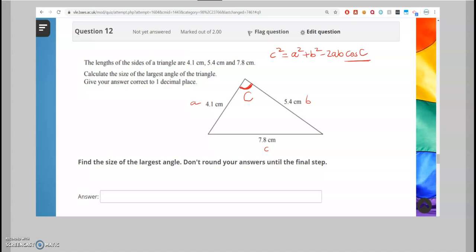So now I can say that c squared, which is 7.8 squared, is equal to a squared, so 4.1 squared, plus 5.4 squared, minus 2 lots of a, 4.1, times b, which is 5.4, multiplied by cosine of C, which we don't know at the moment.